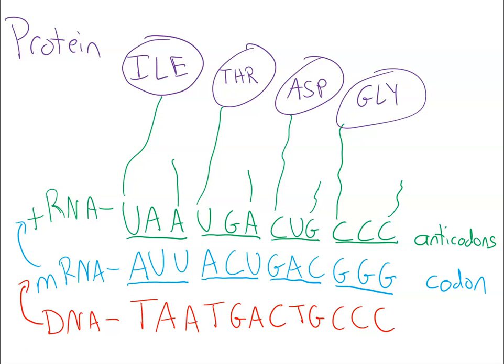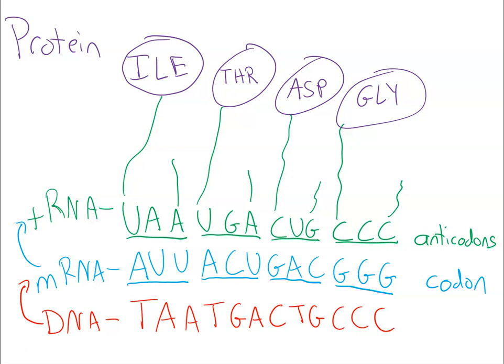So what you can see happening here is that when these tRNA molecules bind to the mRNA in the ribosomes, the amino acids in this protein are now all lined up, kind of like ducks in a row.